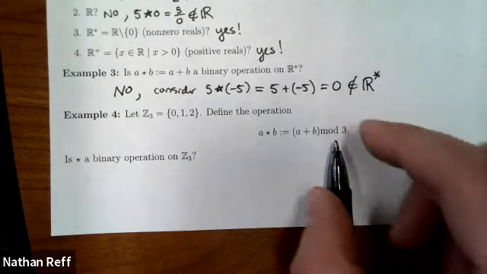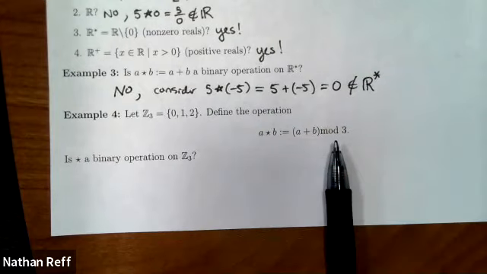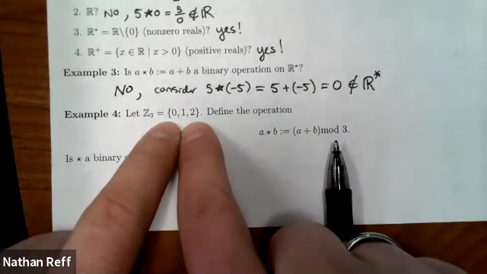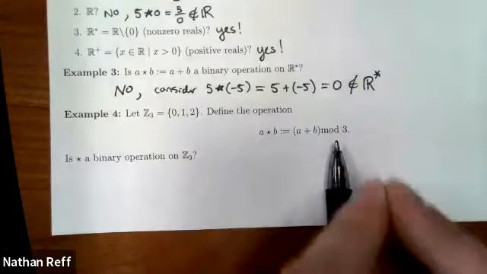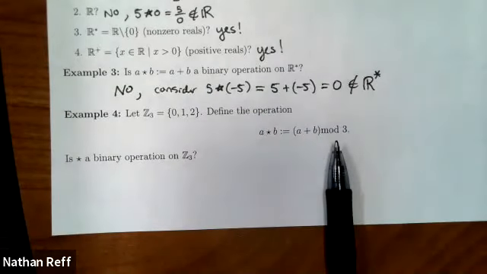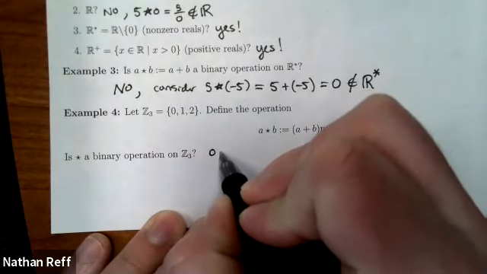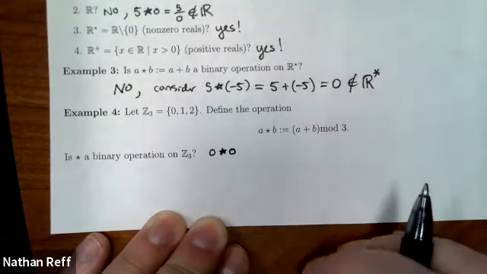So you're guaranteed that that remainder is always going to be between 0 and 2 inclusive. So it'll be 0, 1, or 2. So the answer would actually be yes, right? If you give me 2 elements from here, and then I add them, and then I mod by 3, you're guaranteed this. Now, another way that you could check it is to go one by one through all of these possibilities. How many will there be? There'll be 9, right?